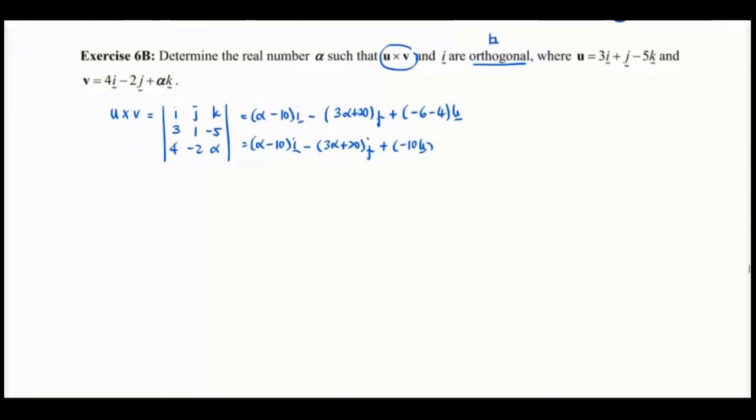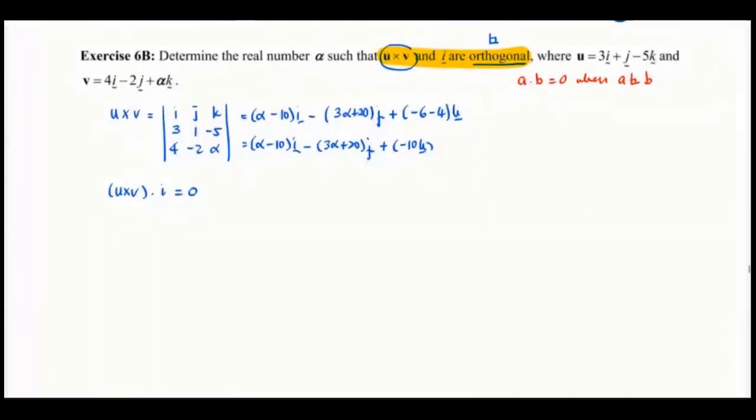Okay, so once we have U cross V, it says that it's orthogonal. So by these properties, we know that we have to use, let's say, A dot B equal with 0. So it means U cross V dot I must be equal to 0.